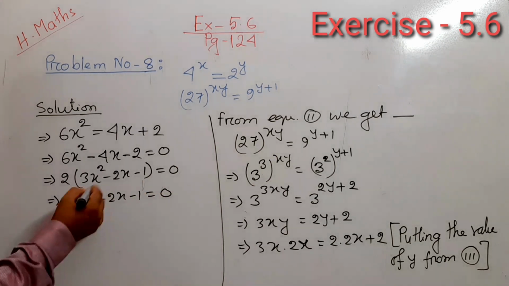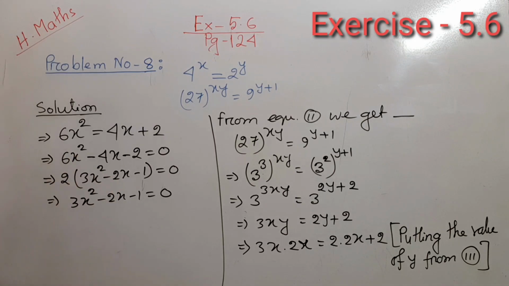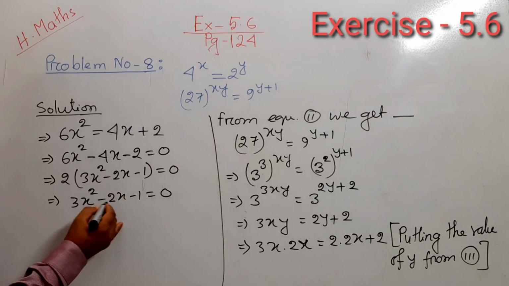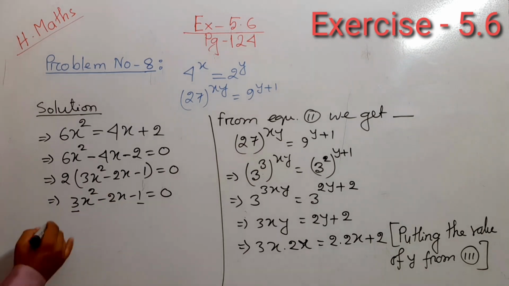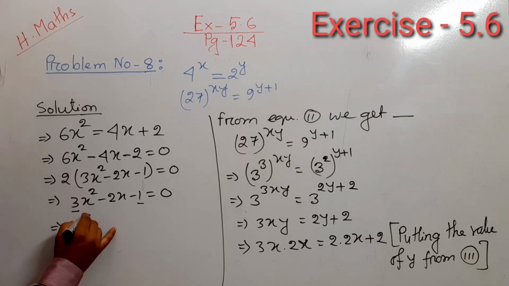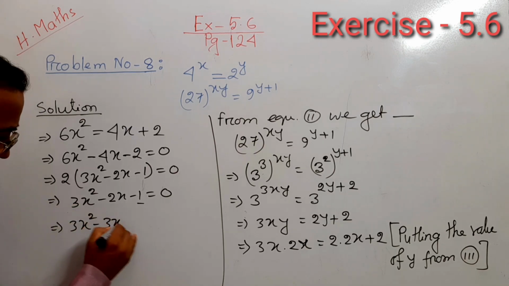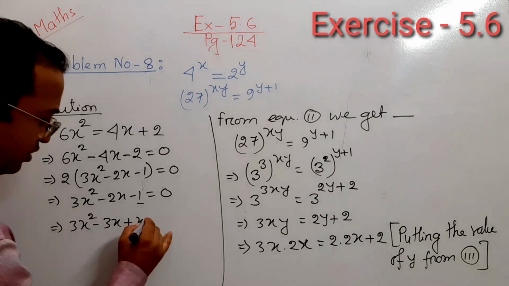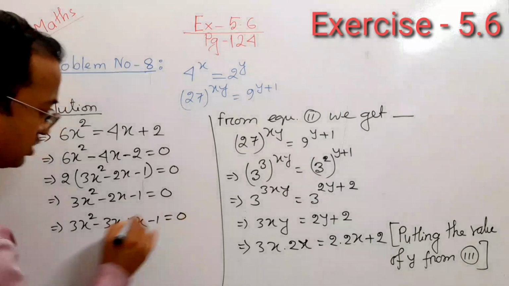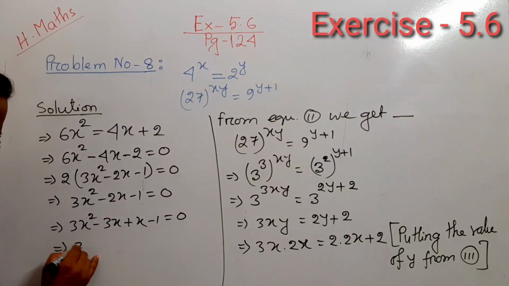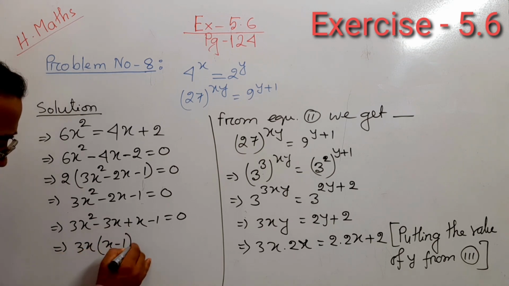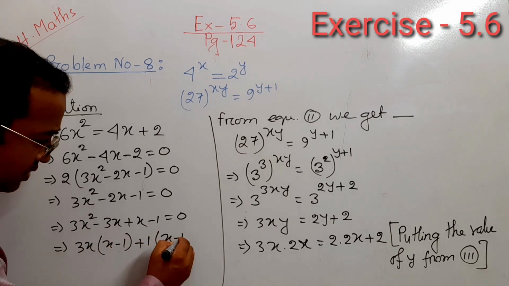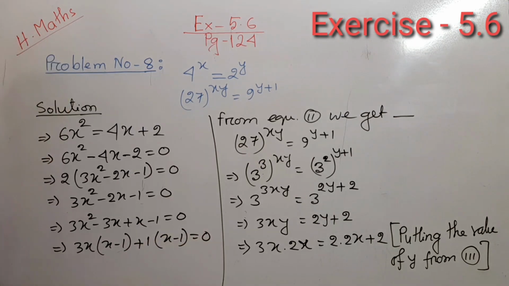Now we will break the middle term, minus 2x. 3 ones are 3, so we can write 3x square minus 3x plus x minus 1 equal to 0. Take 3x common, it will be x minus 1. Take 1 common, it will be x minus 1 equal to 0.